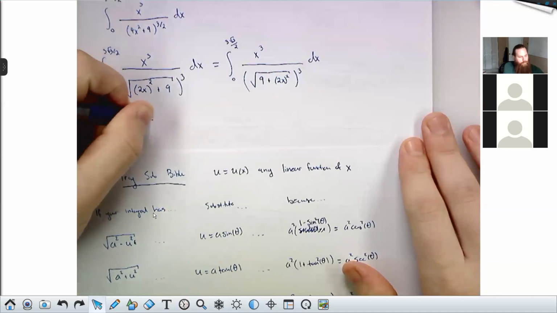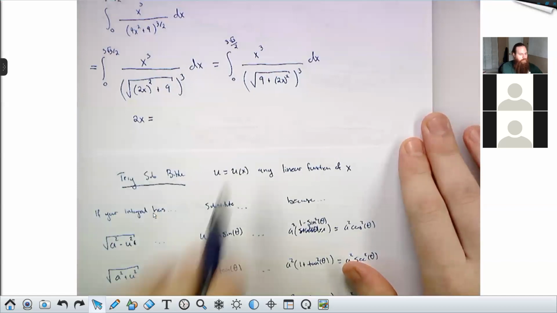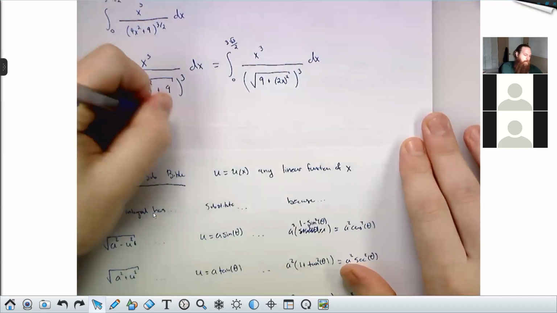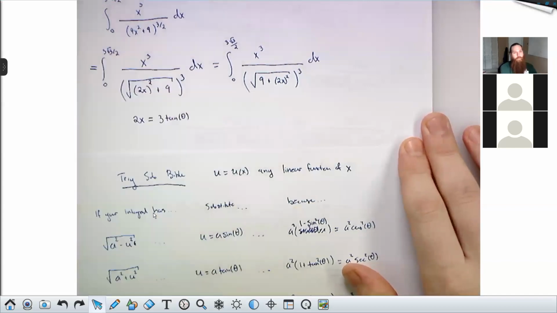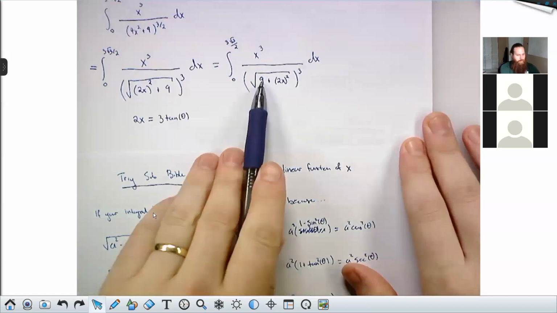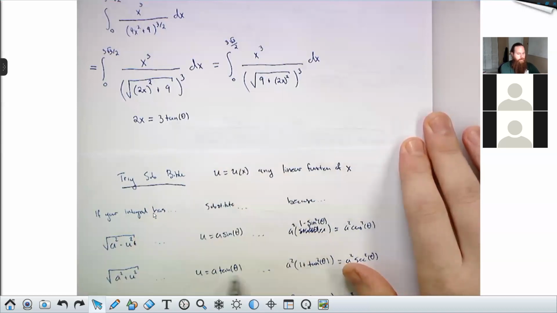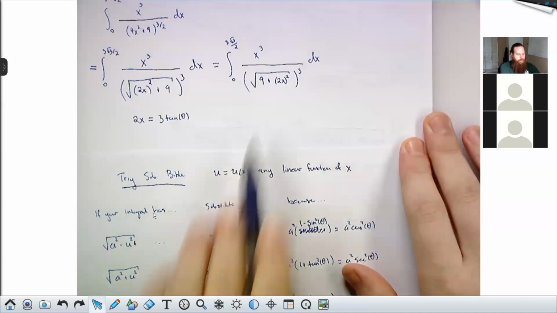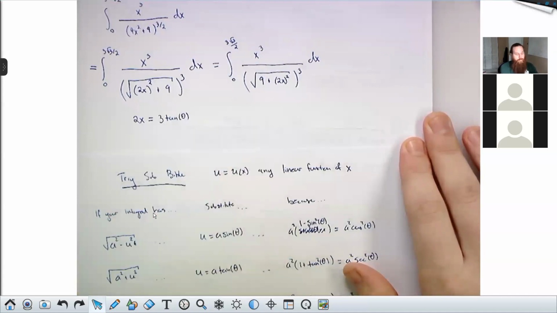U, which is 2x, equals a, which is 3, times the tangent of theta. That's the substitution. All right, this is a squared plus u squared. So I should let u equal a tan theta. A is 3, u is 2x. That's okay.